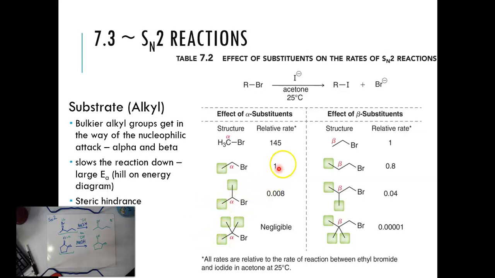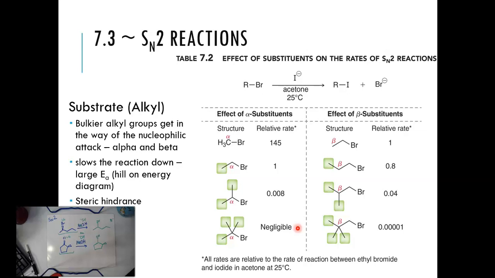And this is showing us how fast these reactions are happening. Our relative rate right here is 145. This one is 1, so really we're setting the primary at 1. That means the methyl is 145 times faster. A secondary is 0.008, and then the tertiary is negligible, which means it just doesn't really happen.